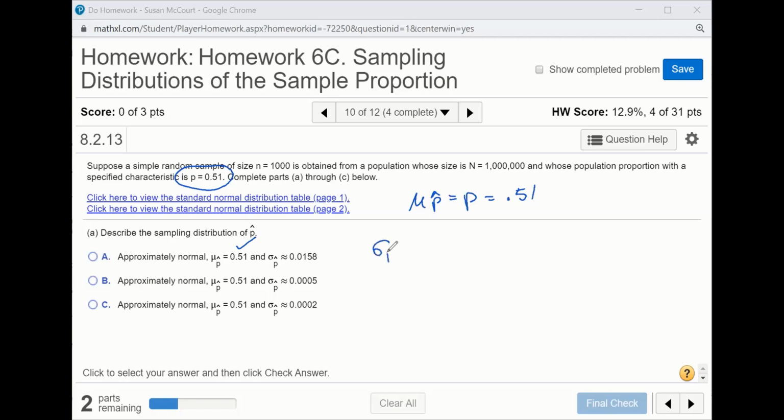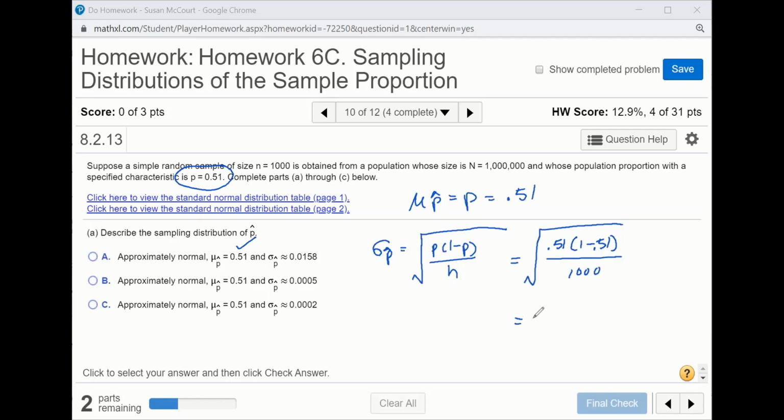Now our sigma sub p hat is equal to the square root of p times 1 minus p over n. So the square root of 0.51 times 1 minus 0.51 over n, which was 1,000.